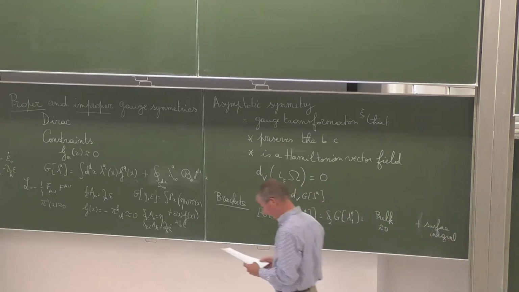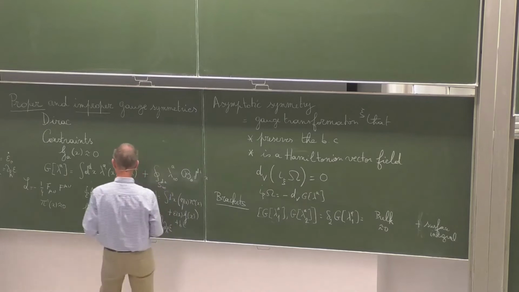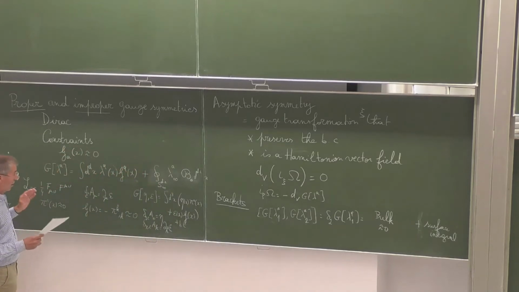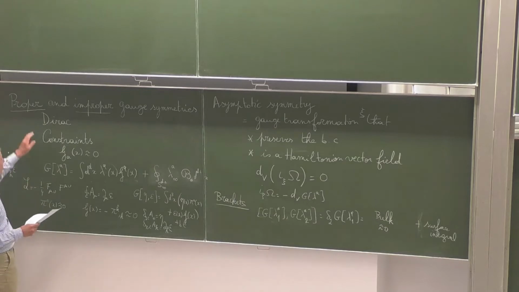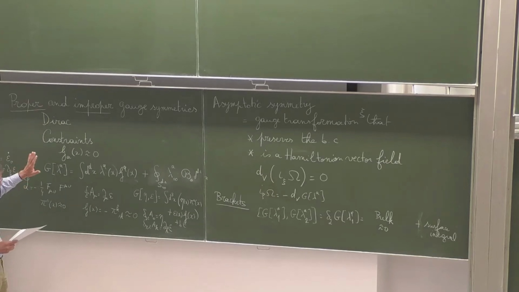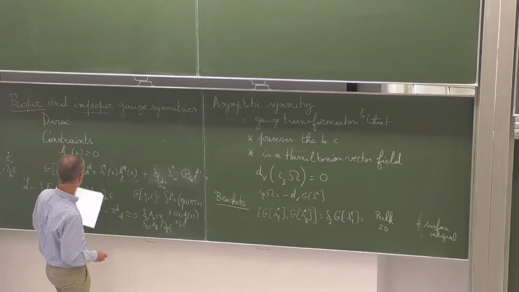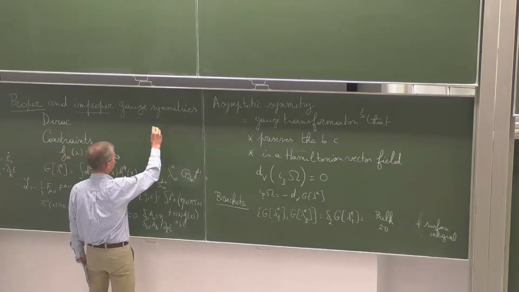Now, maybe I say a few more words. So what does that mean? I repeat it. I'm taking the quotient only by proper gauge symmetry. That's very important. That means, in the quantum theory, and that's probably the only thing I will say about the quantum theory here, how do we quantize a system with gauge symmetries? Well, there are many equivalent ways, but one way is to impose the first class constraints.